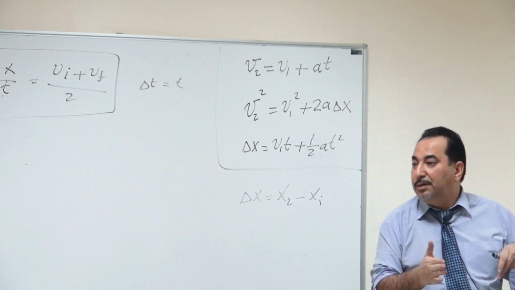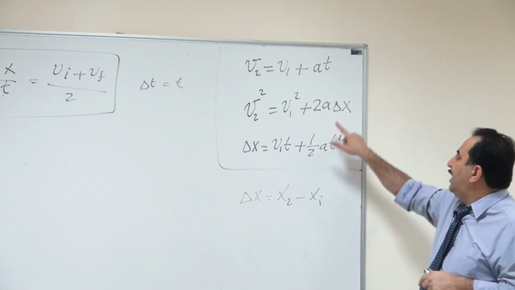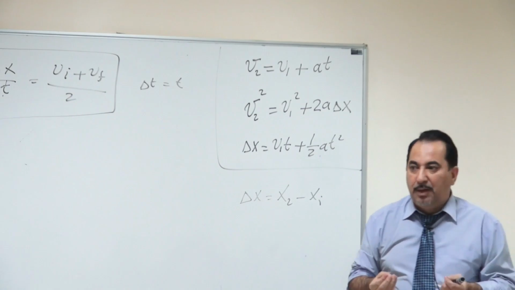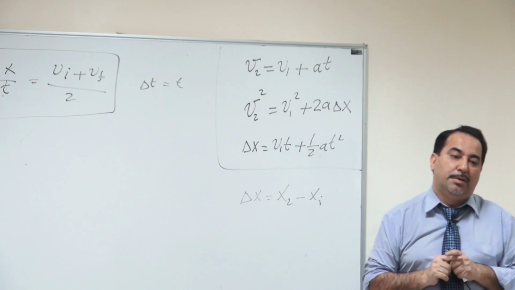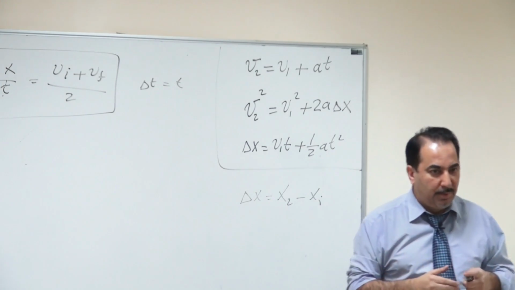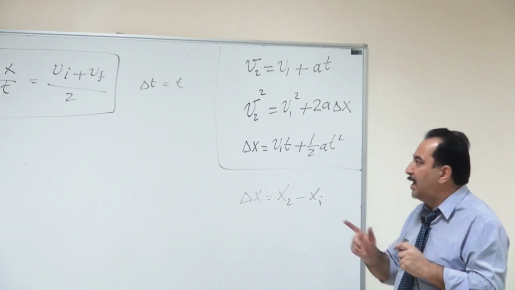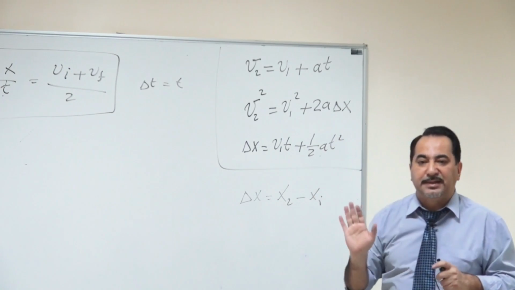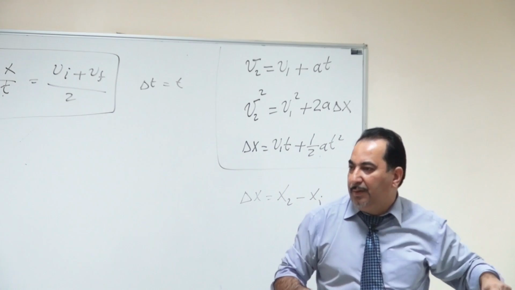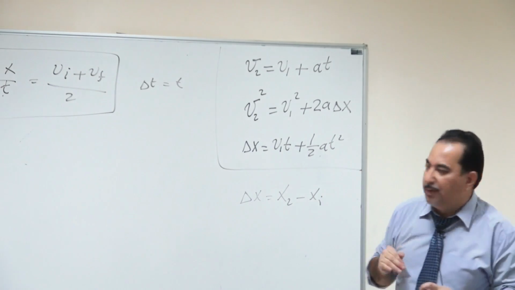If there is no turning point, then you find delta x and you take the absolute value, which is the distance. But if you find a turning point, no, you have to divide the motion. We'll come to this later on. I'll show you an example. But I just want to emphasize that delta x is not a distance. It's a displacement. Position final minus initial, and you don't know what happens between those 2 points.